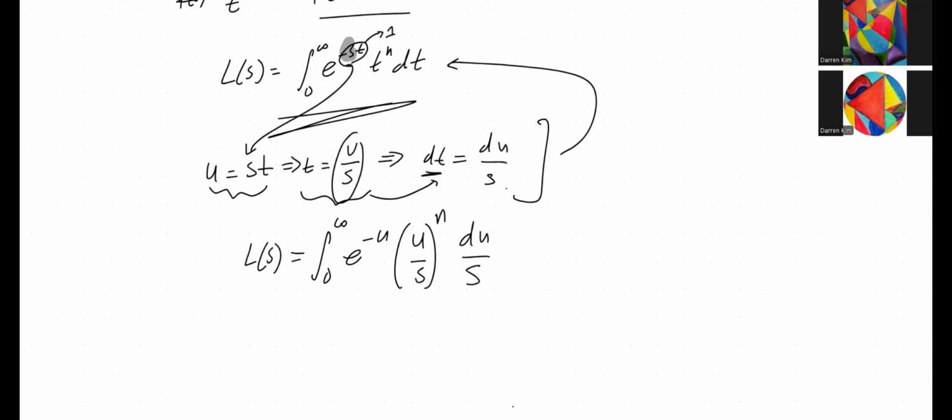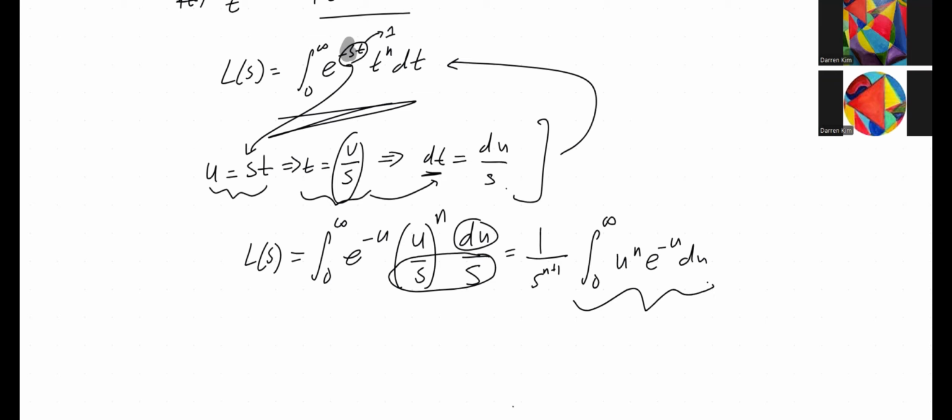You move all the constants out, the ones not integrated by du. Basically that's s to the power n plus 1, and you get the integral from 0 to infinity of u^n e^(-u) du. Now this integral is the same as the gamma function integral over here.